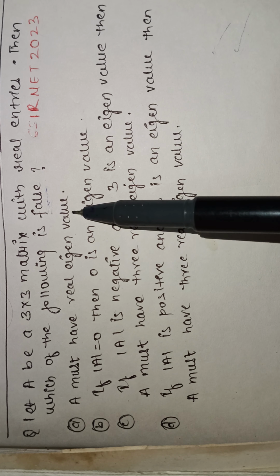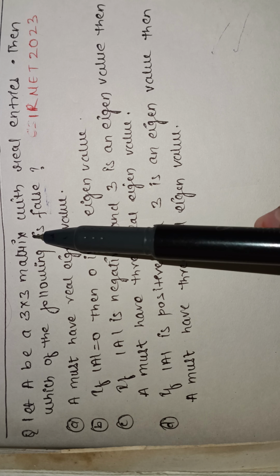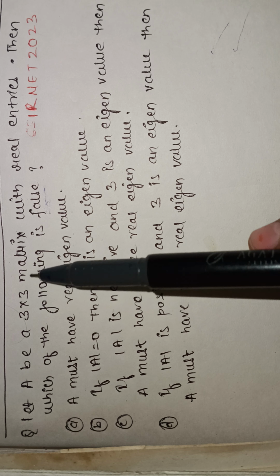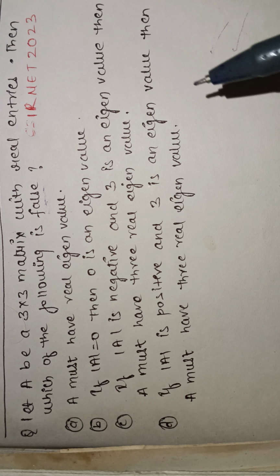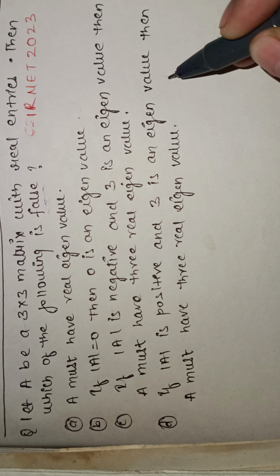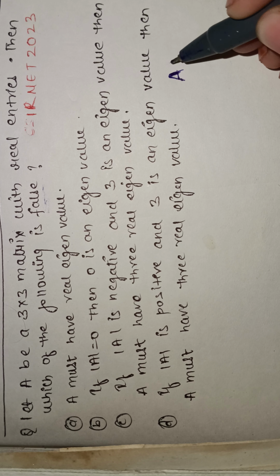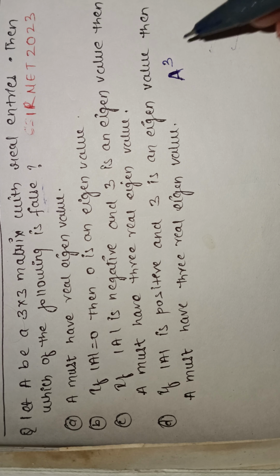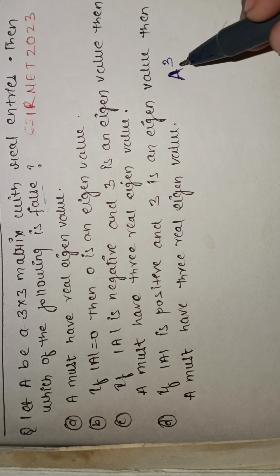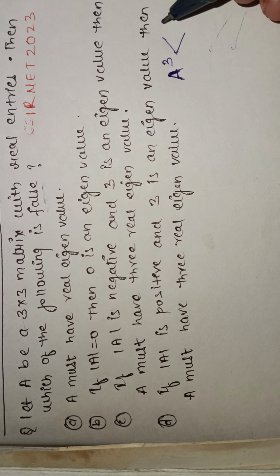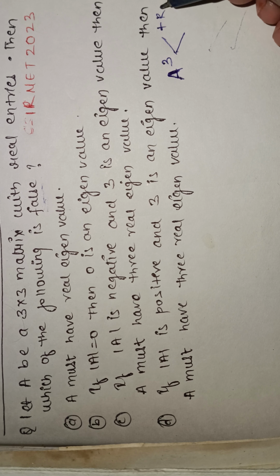If the matrix is of 3 cross 3, then the characteristic polynomial formed by this matrix is of degree 3. And we know that if the polynomial is of degree 3, that is, of the cubic type, then it will have at least one real root.